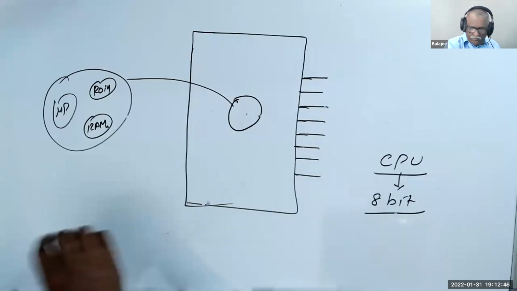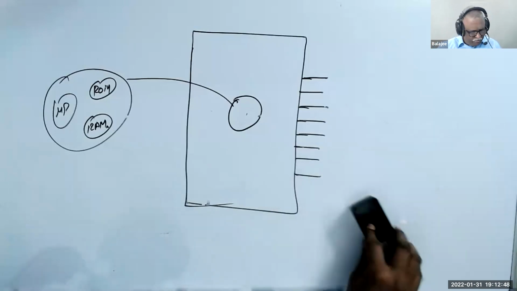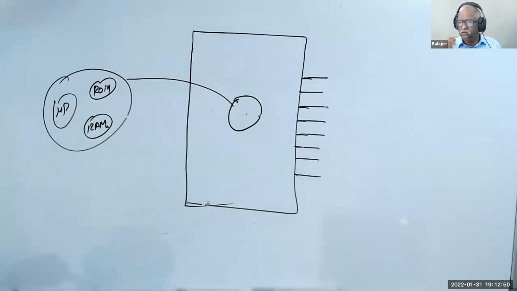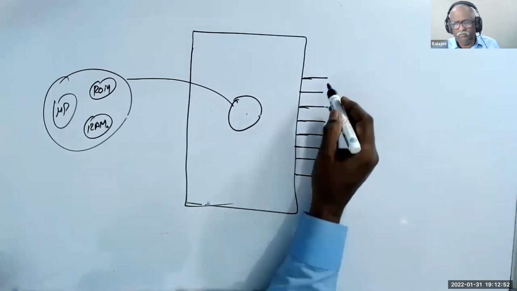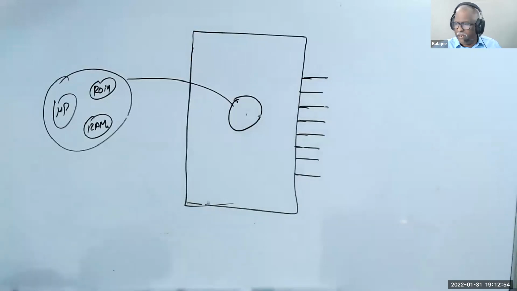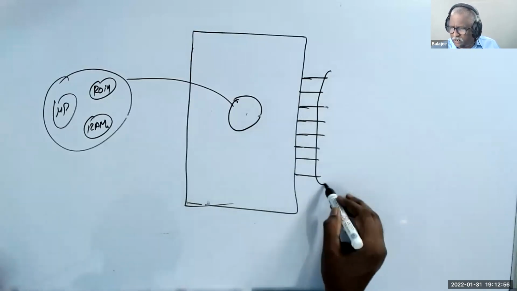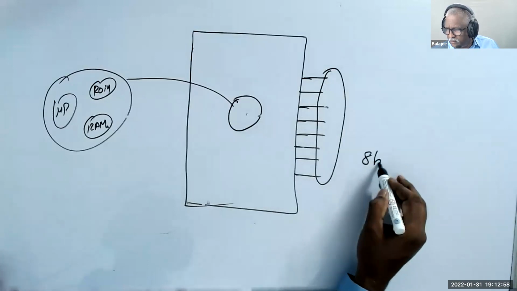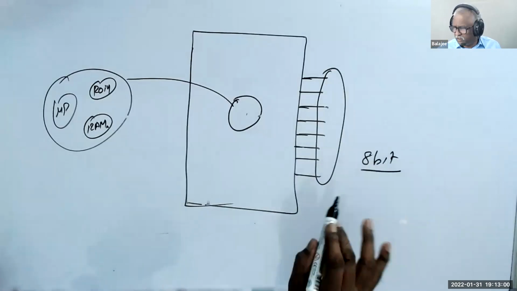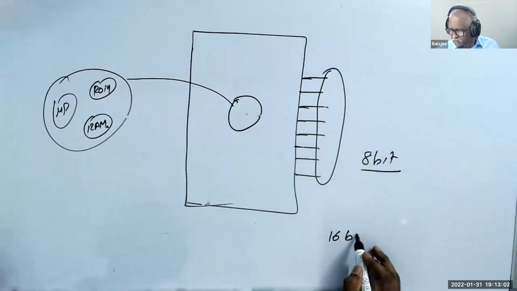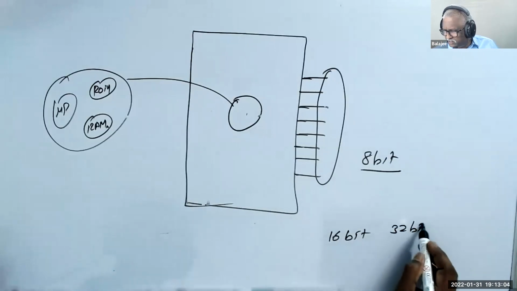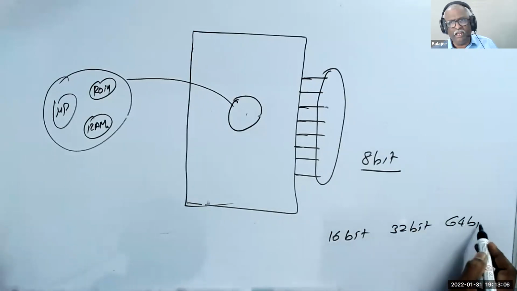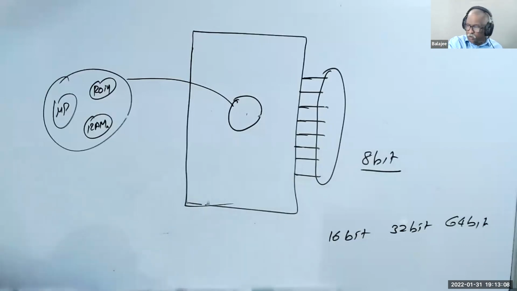So now, you have only output. Output means 8-bit. We'll discuss later 16-bit, 32-bit, 64-bit. Right now, let us assume that the minimum output is 8-bit.